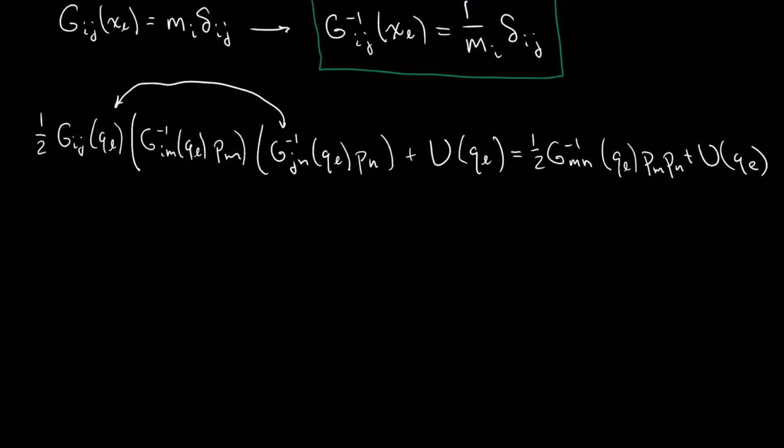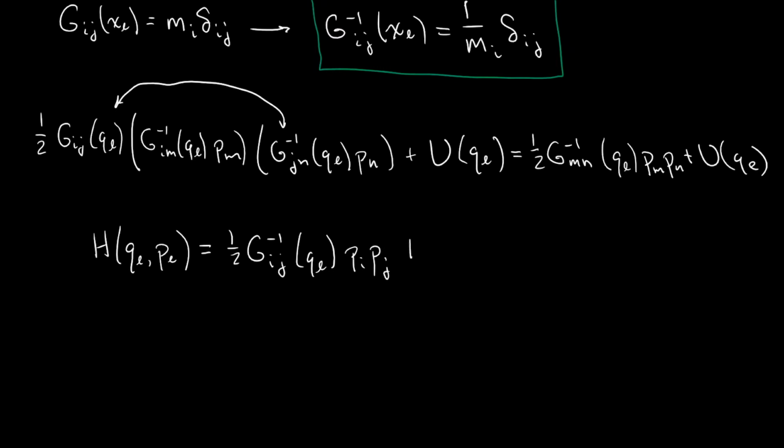And I'm going to give this expression a very special name: H of q^l, p_l, equal to 1/2 G inverse ij p_i p_j plus U.